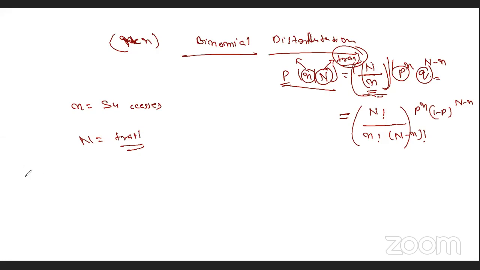So here we have a question. There is a hospital, and in that hospital there is a patient who is suffering from a particular disease, and the hospital tries to provide a treatment for that disease.